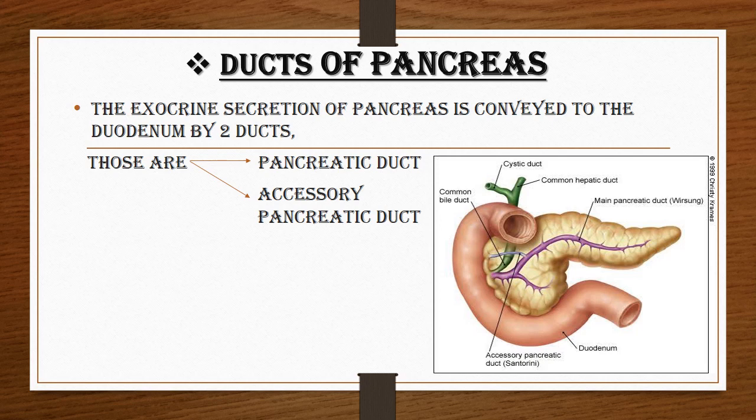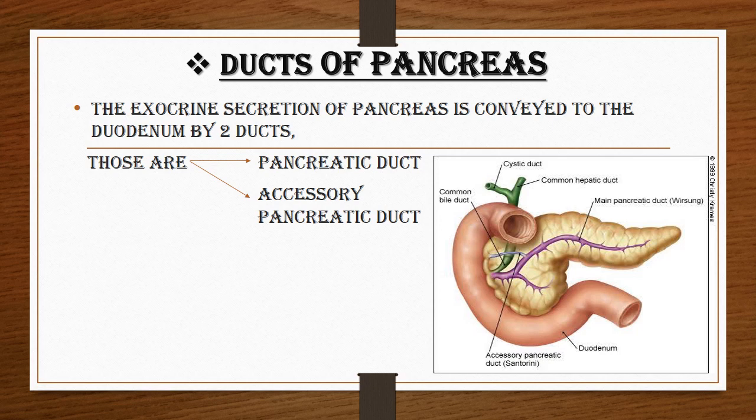As it proceeds towards the head, it gradually increases in diameter and receives branches throughout its course, which open into it almost at a right angle from both sides. This type of arrangement is called the herring-bone duct system.